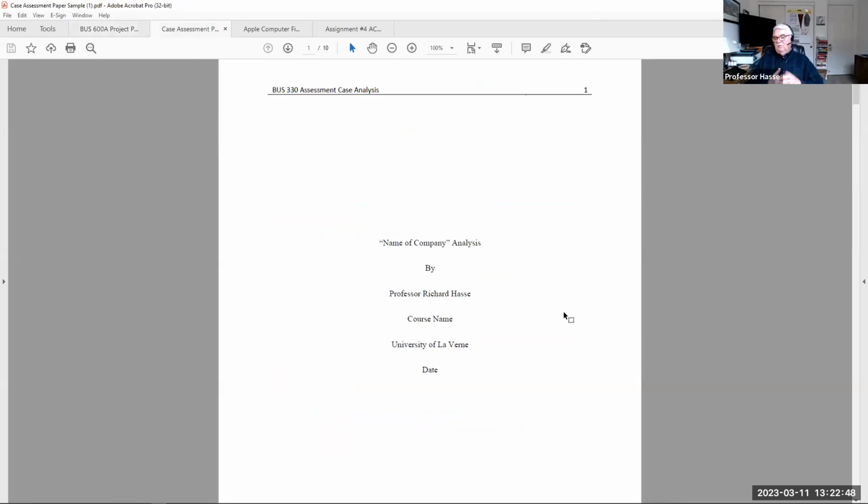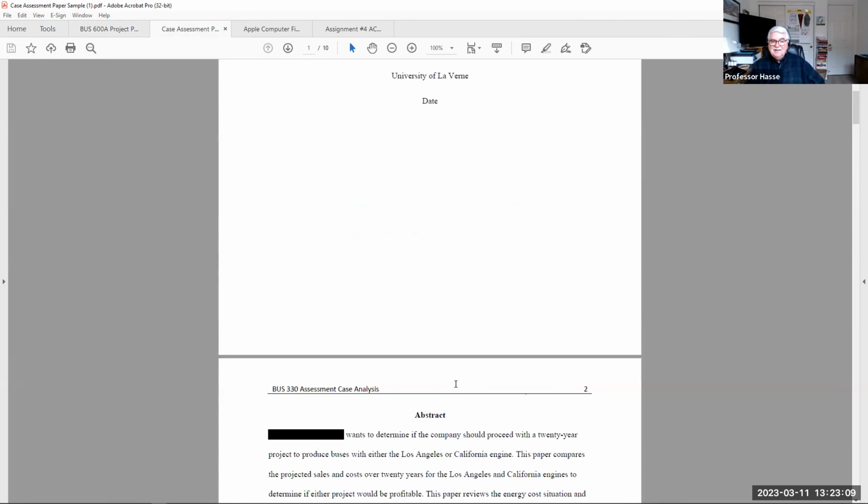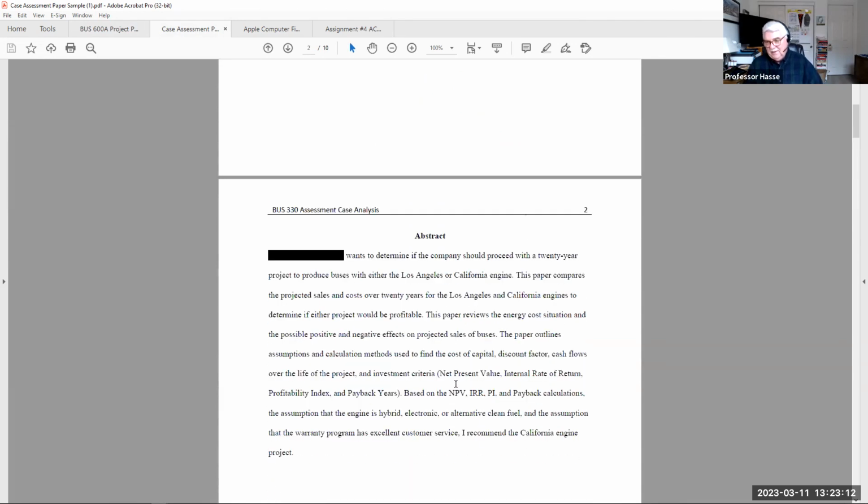A couple key aspects of what an APA format paper is. It's a title page: the name of the company that you're doing an analysis on, who you are, your name, your professor's name, the course's name, and the date you're submitting the paper, probably March 19th. Then you have a second page, which is called the abstract page.